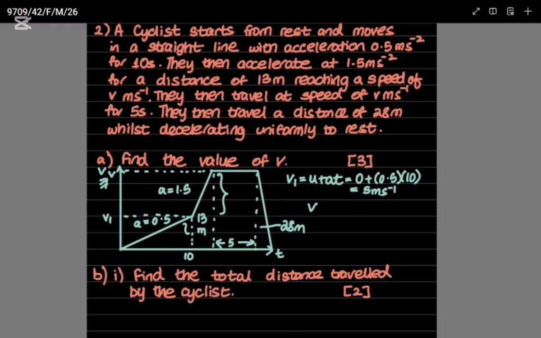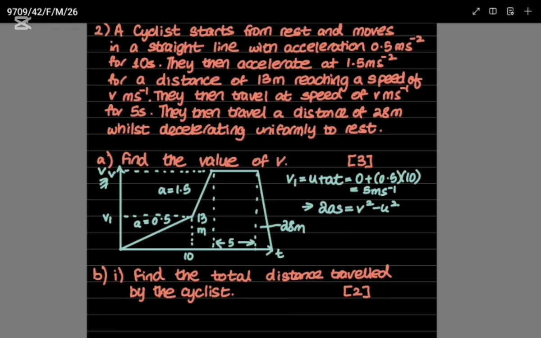Before we considered that part, now we are considering this part. So I'm going to erase that. We have final velocity which we have to find, acceleration, but we don't have time, so let's use the time independent equation. 2as is equal to v squared minus u squared.